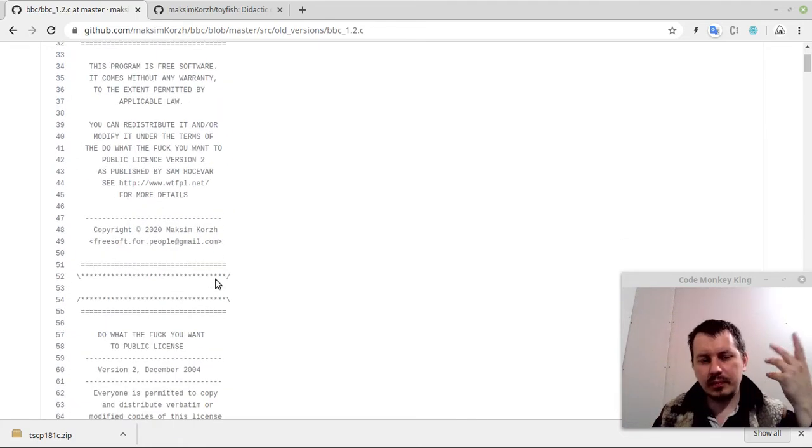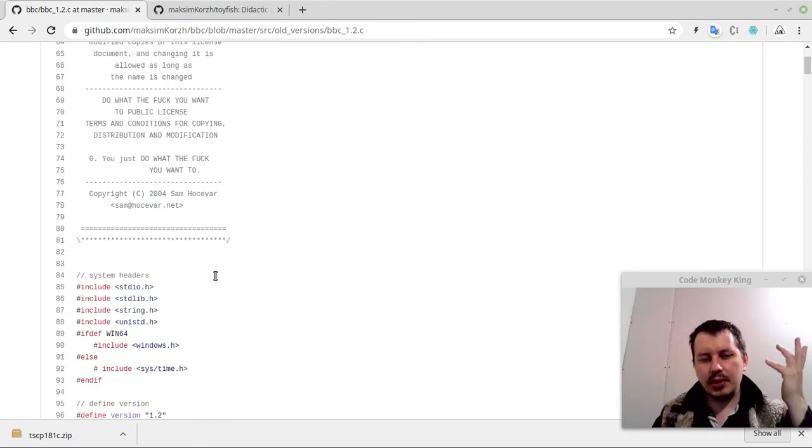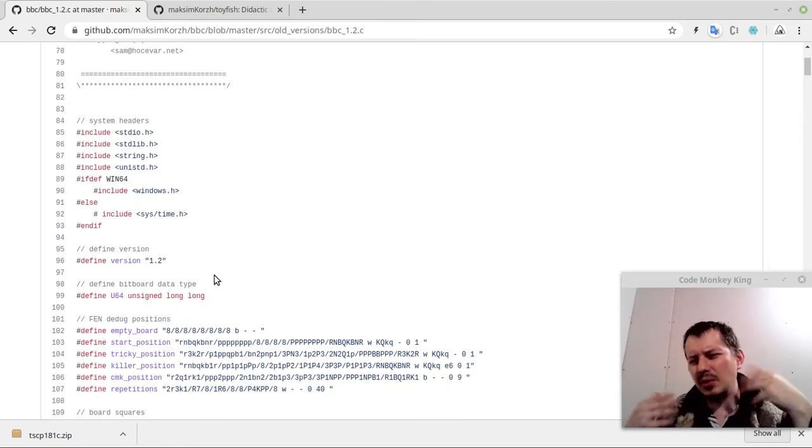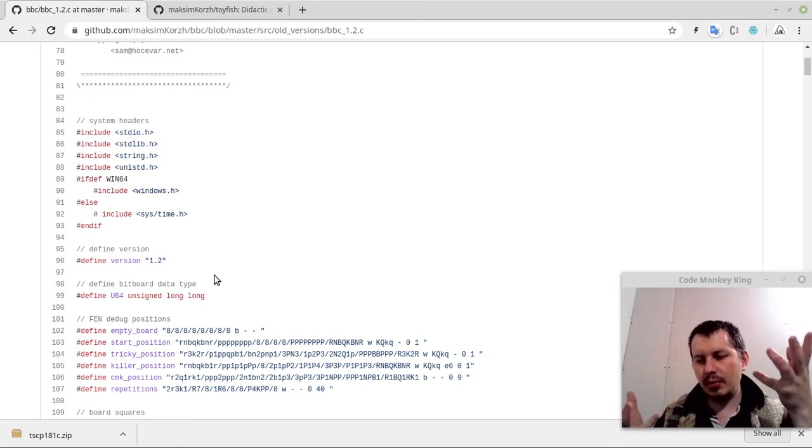And in terms of what it consists of, it's mostly based on Vice, but it uses global variables instead, and it adds a move generator, and it implements its own magic number generation. So there is a hashing technique called magic bitboards.